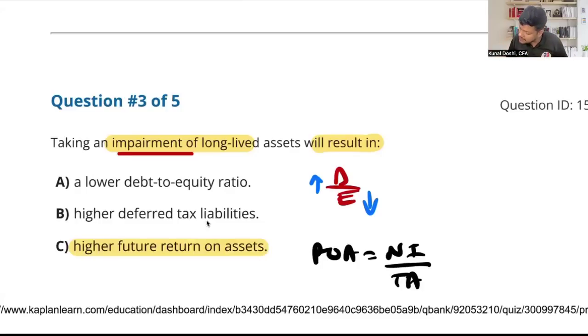Because the depreciation will be less, my net income will fall less in the next year comparatively. And because of lower depreciation, my future ROA will be higher relatively.